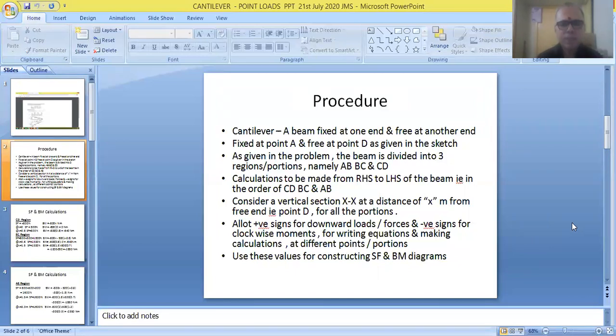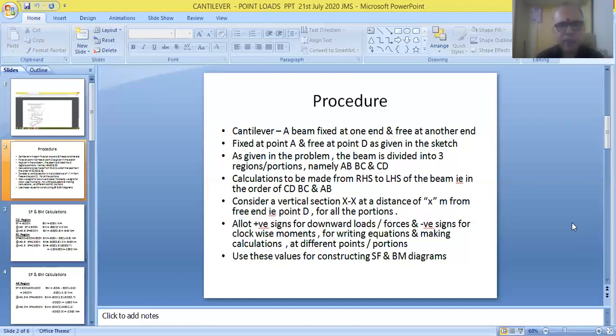It is fixed at the left hand side of the beam, and it is kept free at the right hand side of the beam as shown in the figure. So this is fixed at one end and free at another end: fixed at point A and free at point D. Therefore, it is referred to as a cantilever.